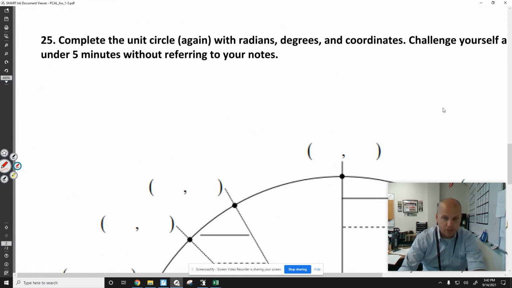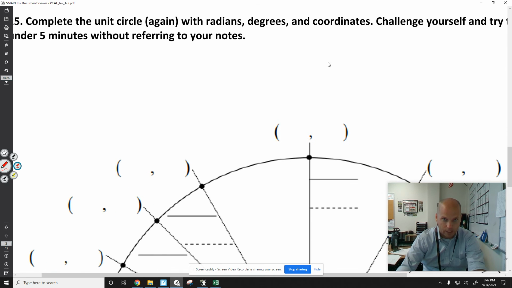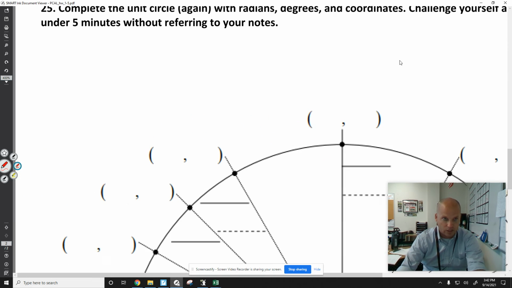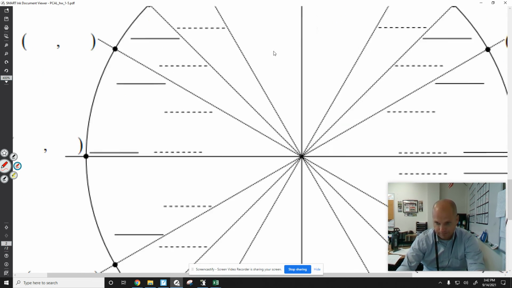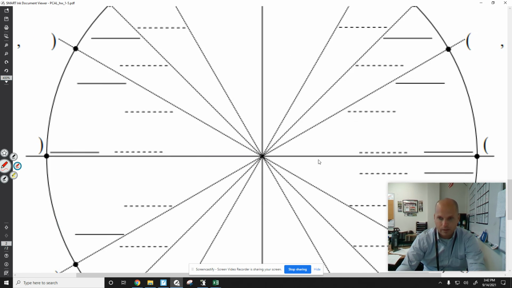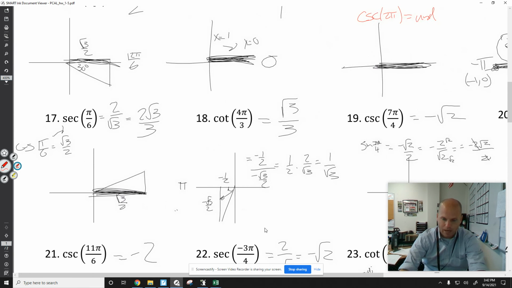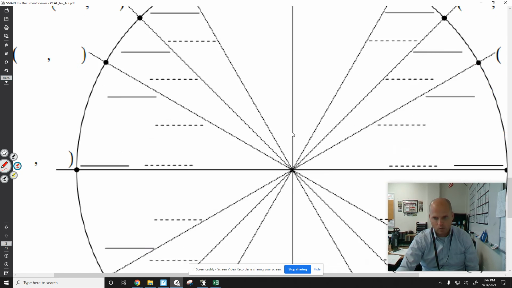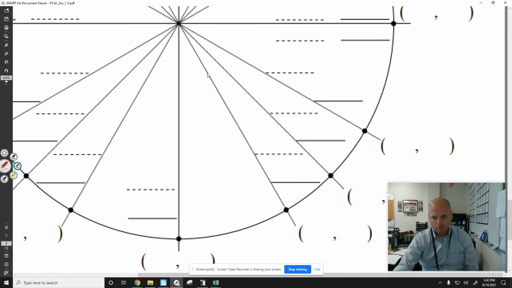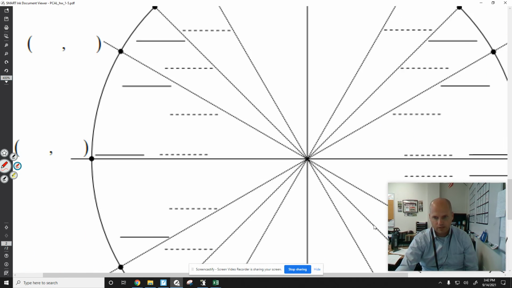That's your homework. You see this? Number 25, complete the unit circle again, with radians, degrees, coordinates. Challenge yourself. You could do it, but we're kind of doing it as we do these problems. We're not referencing a unit circle. I don't want you to create this because then you rely on it.